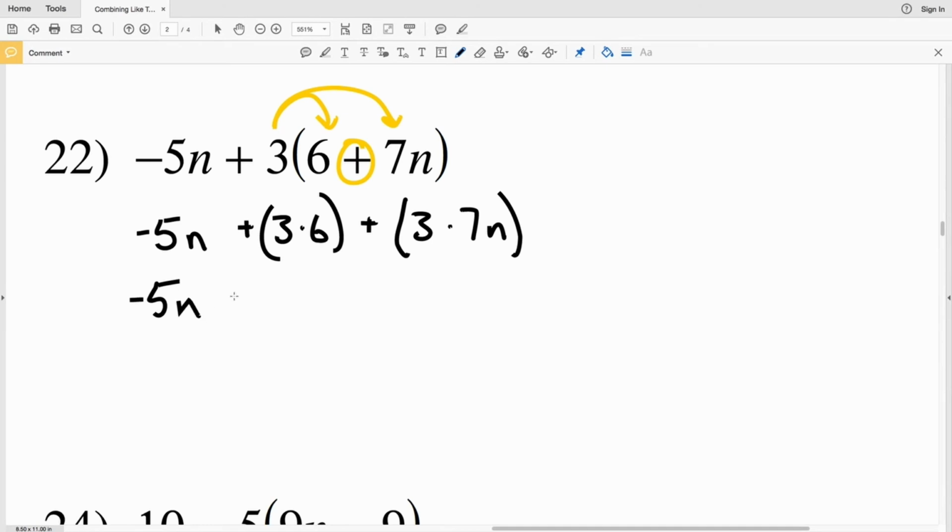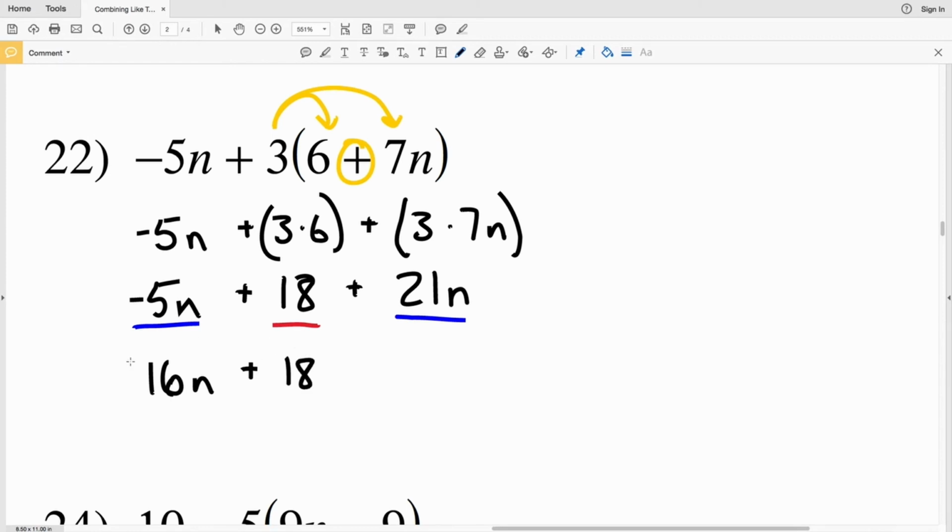Negative 5n plus 3 times 6 is 18 plus 3 times 7n is 21n. We can combine the n's together and the 18 will remain by itself. So negative 5n plus 21n is the same as 21n minus 5n, a 16n, and then plus 18.